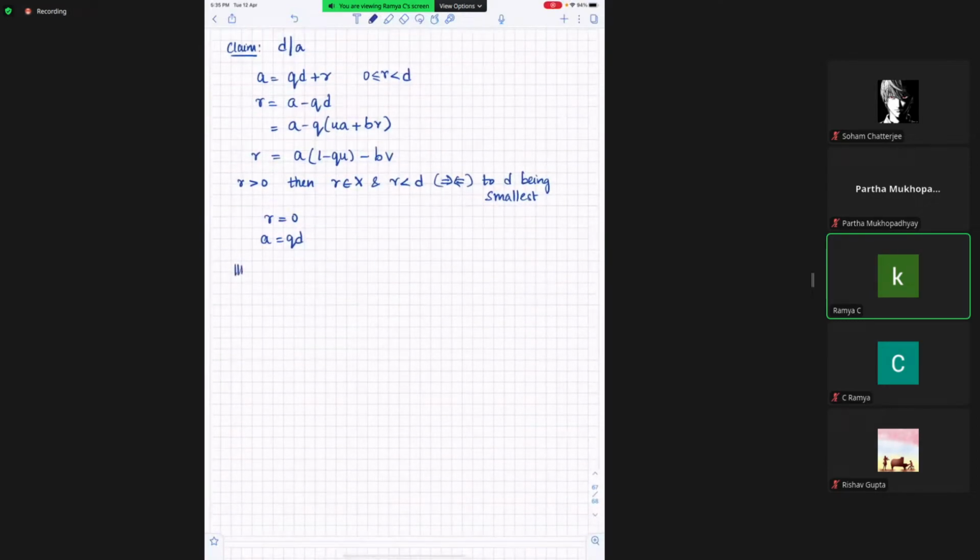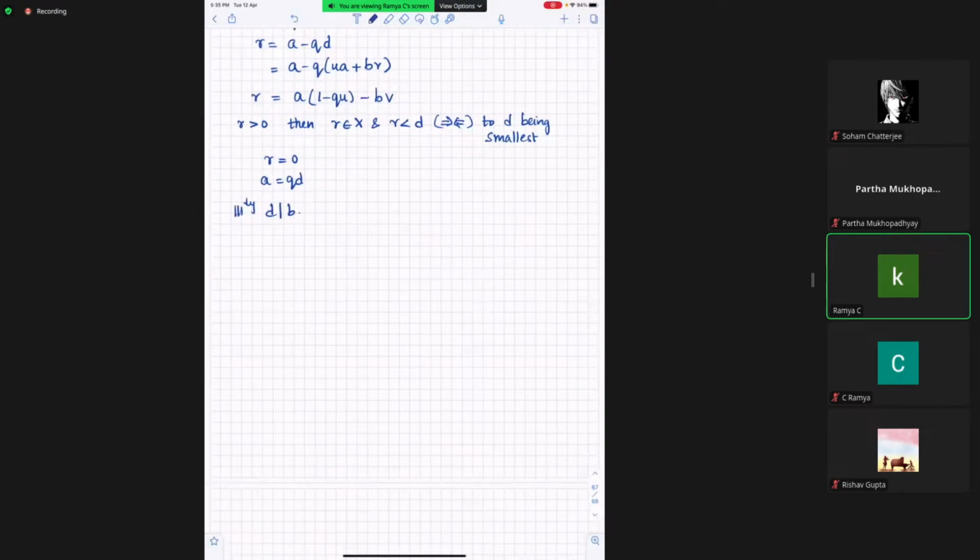Similarly, you can also argue that D divides B. And now for any Q that divides A and Q that divides B, you know that A can be written as A' times Q and B can be written as B' times Q. So let's look at what D is.